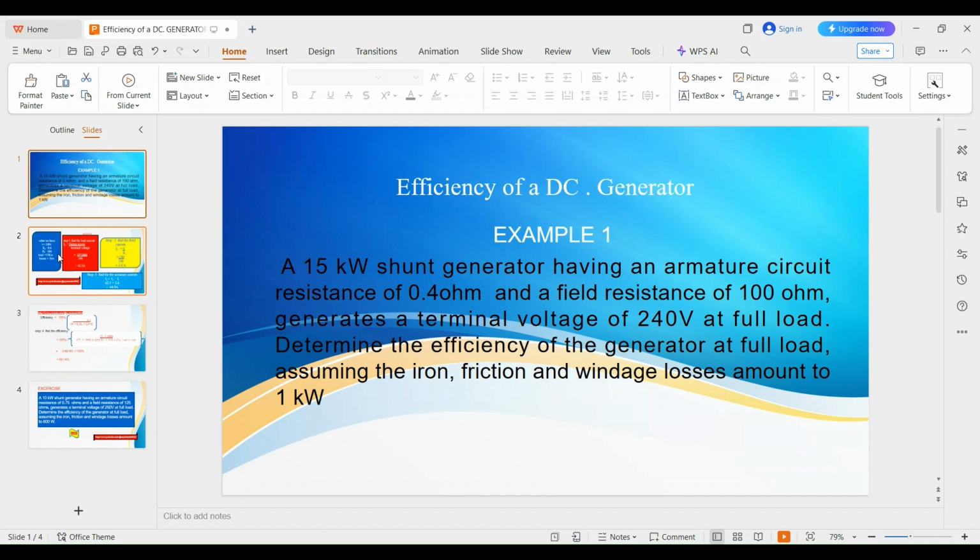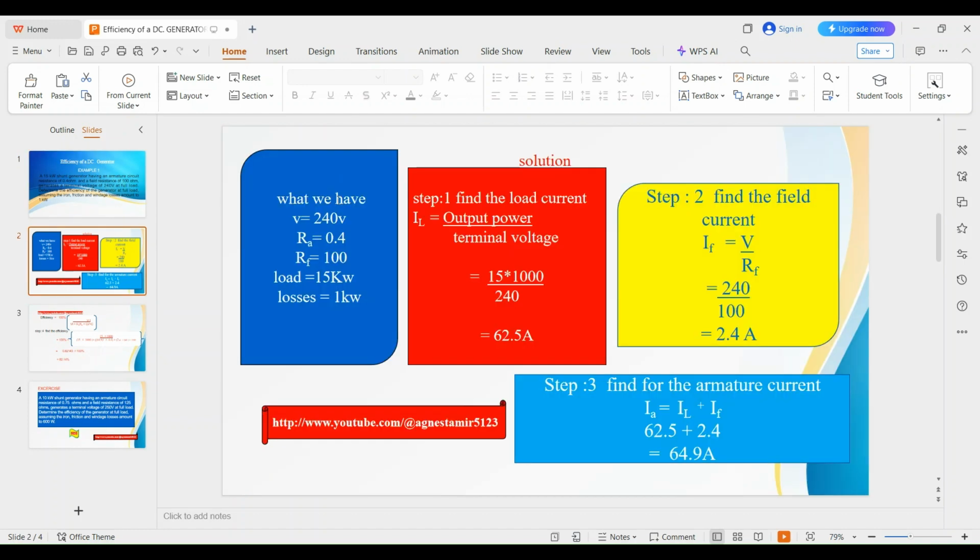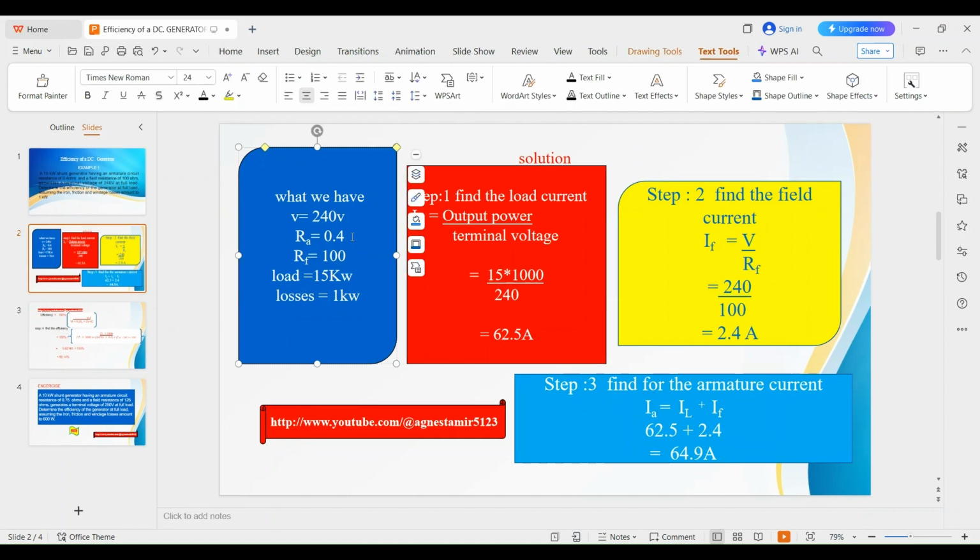So let's look at the solution. We have already seen what we have in the question. We have the terminal voltage of 240 volts, the armature resistance of 0.4 ohms, field resistance of 100 ohms, and load of 15 kilowatts, and the losses, we have been told, amount to 1 kilowatt.